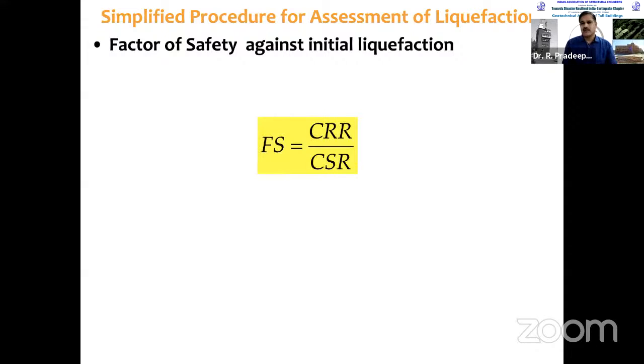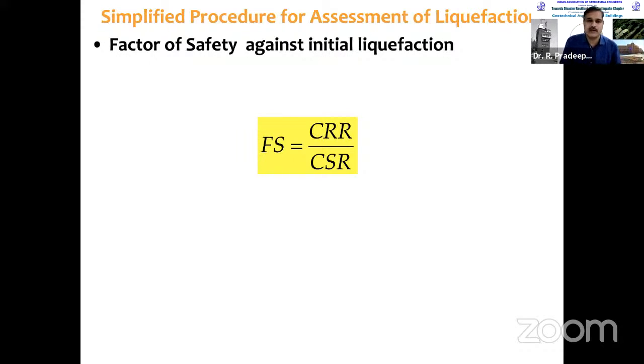Simple: CRR by CSR. Resistance ratio by stress ratio. Resistance is capacity and stress is demand. Capacity should be more than demand. So if this factor of safety is more than 1, we are safe. If this factor of safety is less than 1, we are unsafe. That means the soil will liquefy.